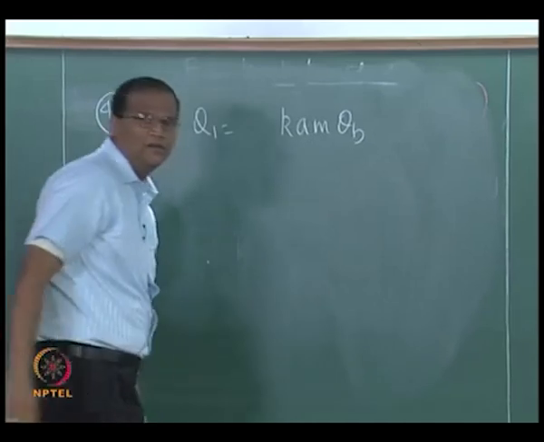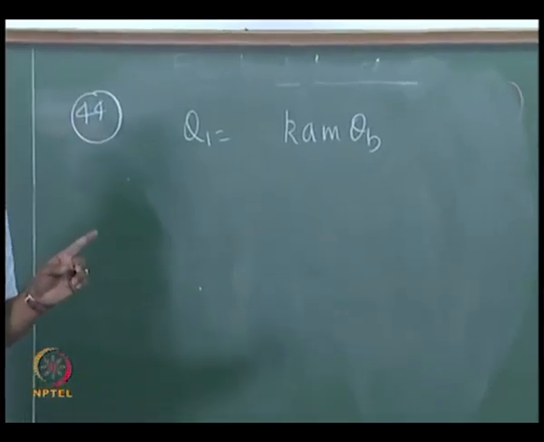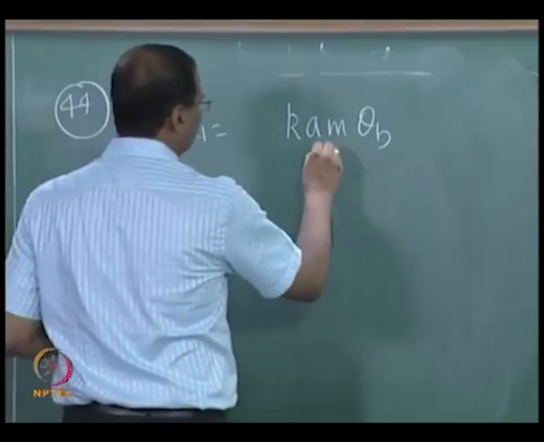Correct. The first case we are changing only the m, right? Okay, q1 is k.